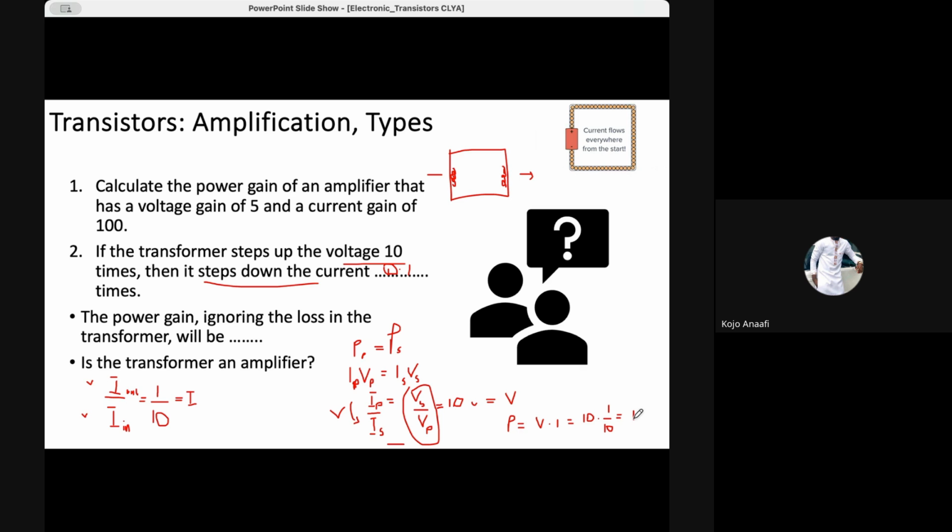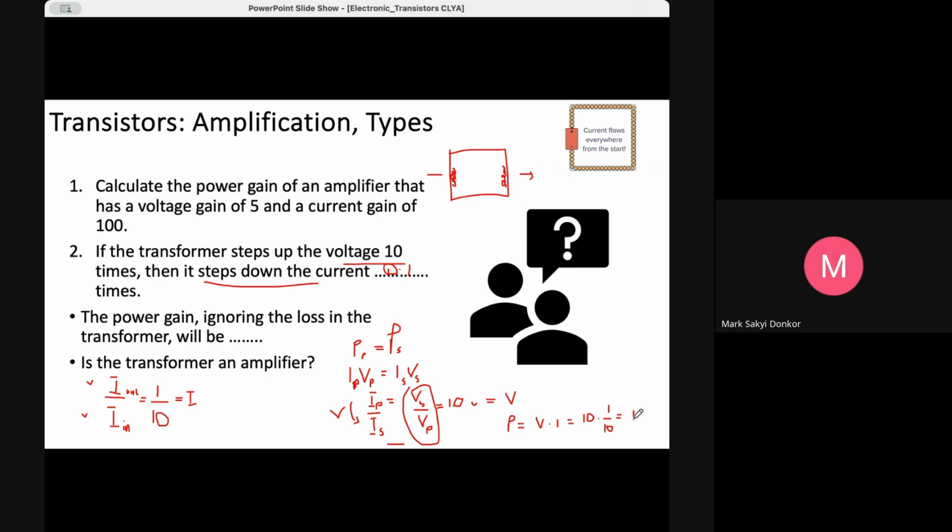Yes. So basically, it does not necessarily increase the power. Yes, very good. The transformer doesn't necessarily increase the power. What the transformer is doing is targeting only the voltage or only the current. Is that okay?